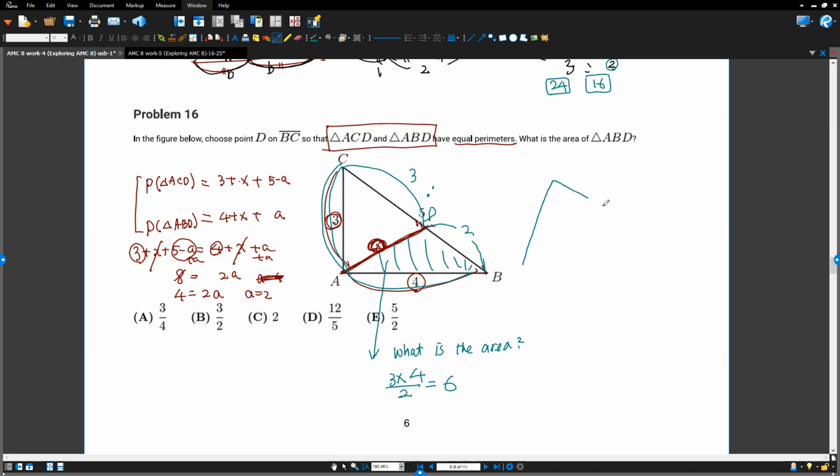Same thing. Total area is 6. This is 3 to 2. This is 3 to 2. What is this area? Anybody?